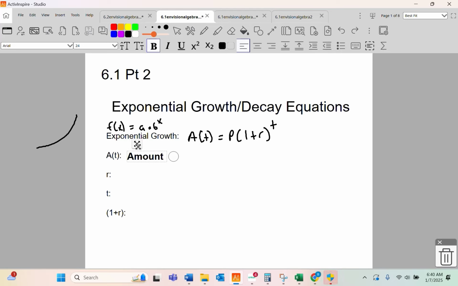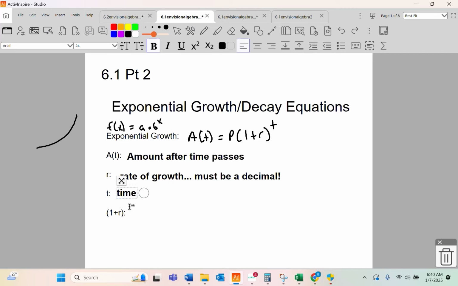R is for the rate. It's the rate of growth, and it is expressed as a decimal. Must be a decimal, okay? Or a whole number, but it's never percent.